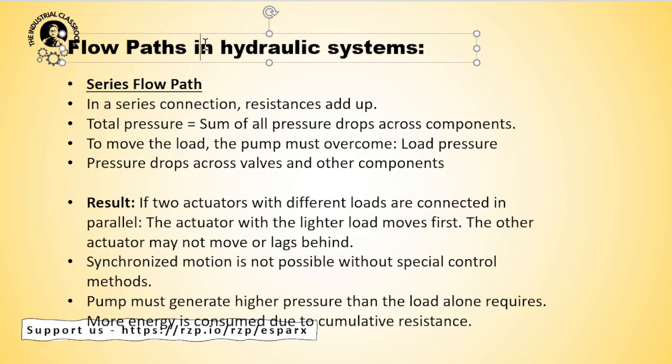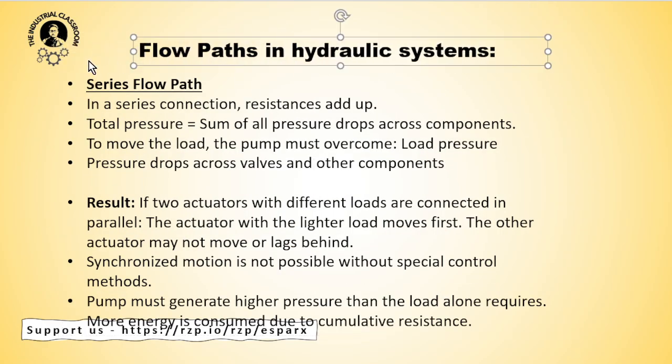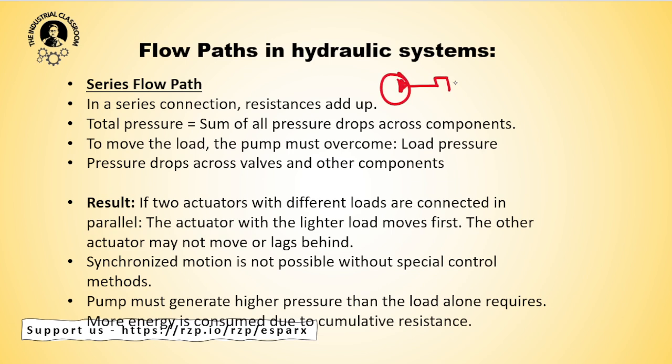Now let us look at the series flow. In series connections, for example, let us consider that here is the pump, here is the hydraulic cylinder, a piston, and then from this there is an output.